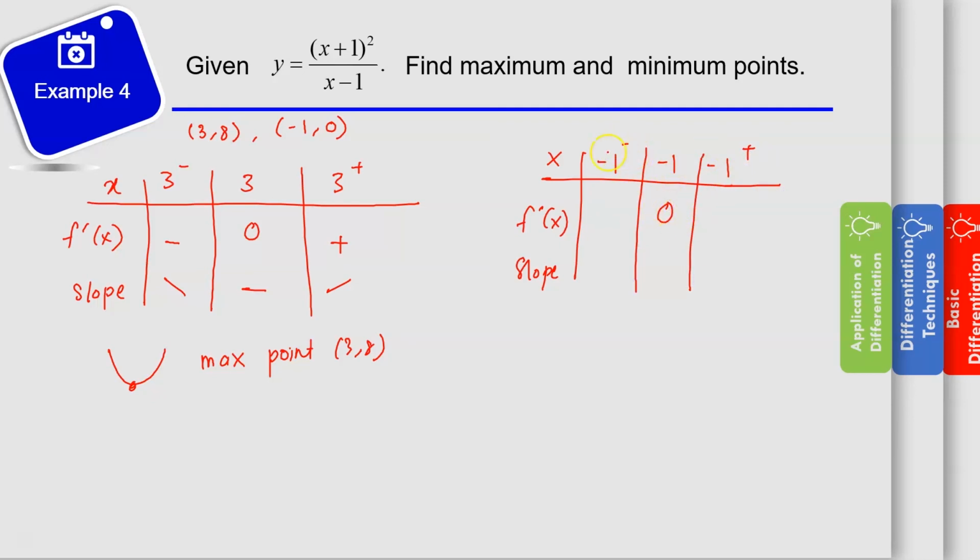When you check a value of x less than negative 1, you get positive. On the other side you get negative, which means it goes up, then a straight line, then goes down, so you have this kind of shape. So this is a minimum turning point. That is, our maximum point is (3, 8), and our minimum point is (negative 1, 0). This is the final solution of this example.